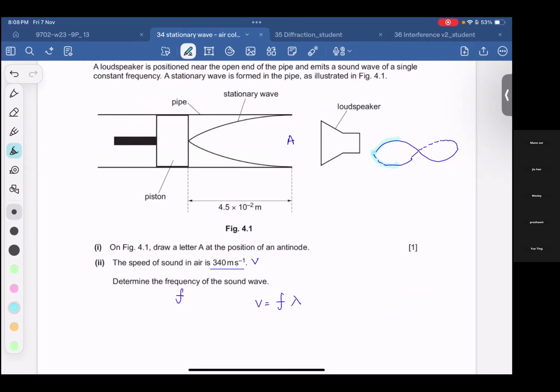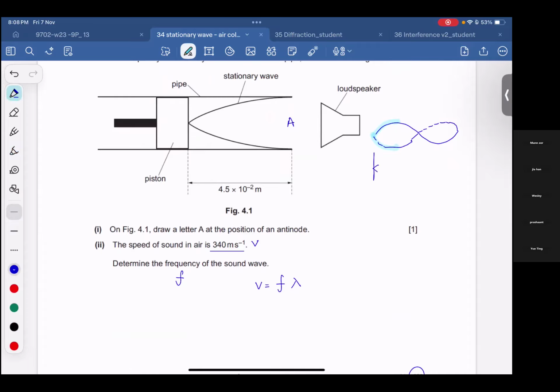How many wavelength? Okay, wait. Fawa, correct. So boys and girls, Wesley, you try one more time. You see, from here to here is one complete wavelength. So for this part to here, actually is 1 over 4 wavelength. Okay, from here to here is half wavelength. Right? Okay.